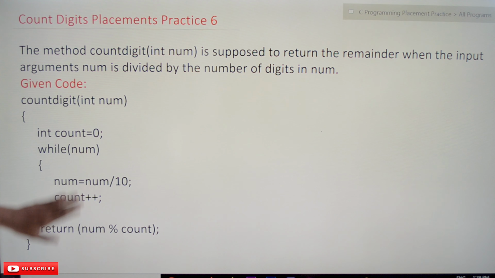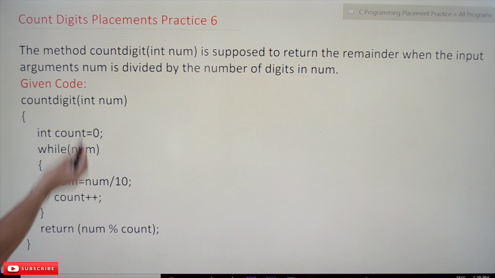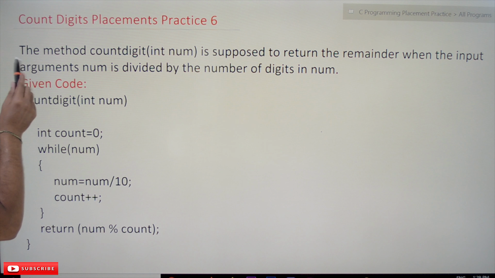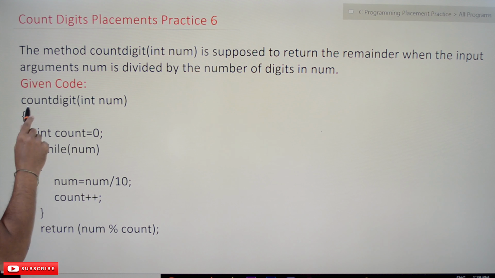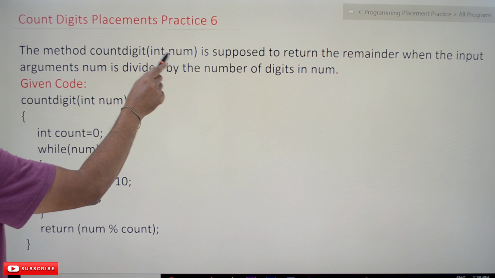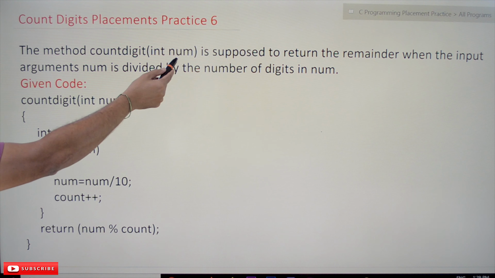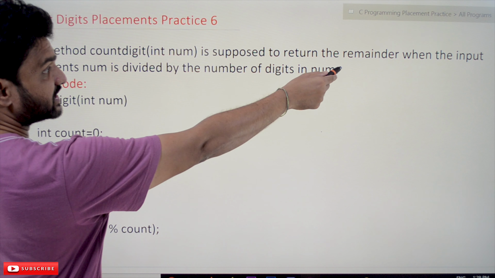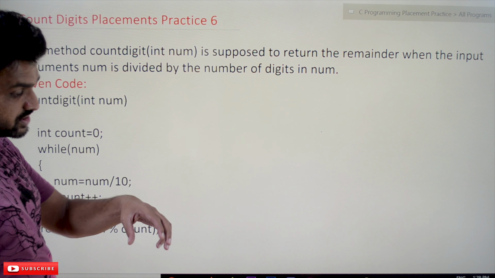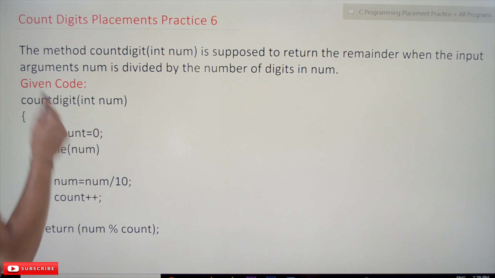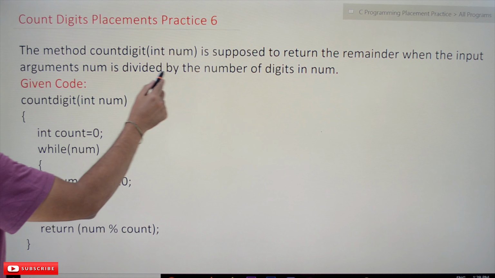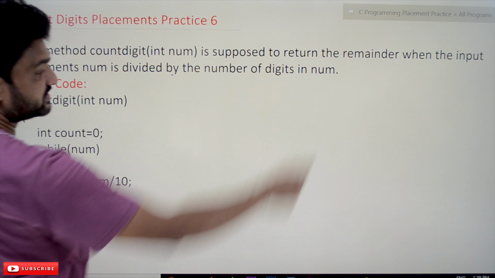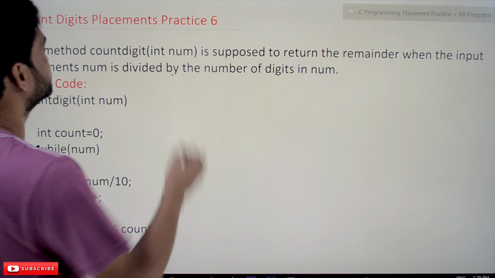Here the code for the program is given, and this is the problem statement. The function countDigit, with an integer parameter num, is supposed to return the remainder when the input argument num is divided by the number of digits in num.